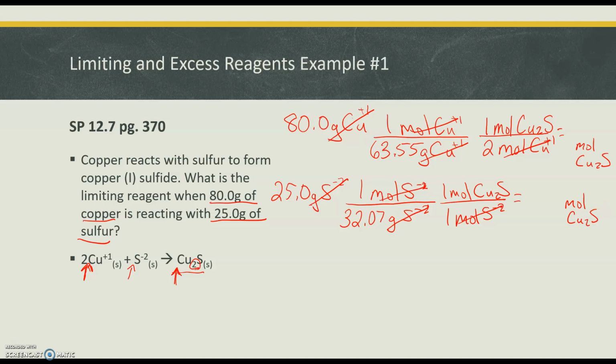After we do our math, dividing 80 by 63.55 and dividing that by 2, we should get 0.629 moles of copper 1 sulfide.